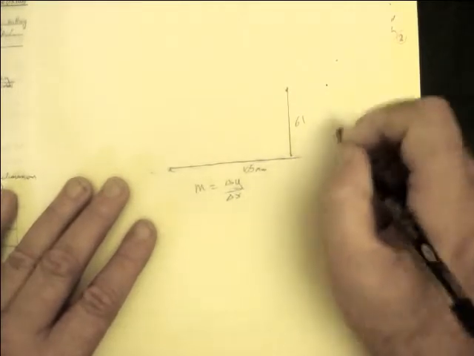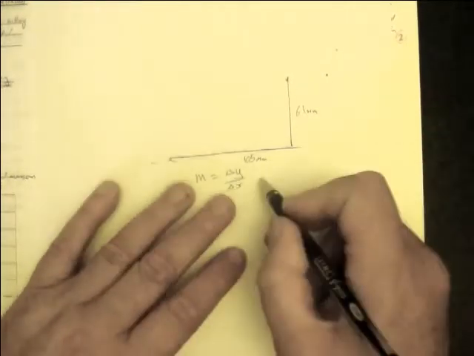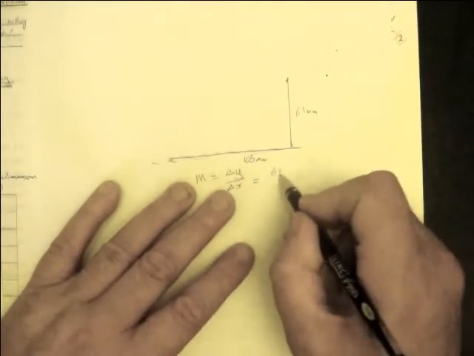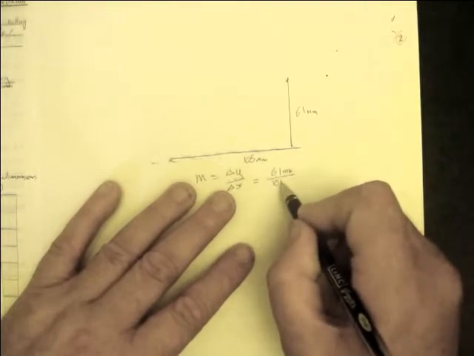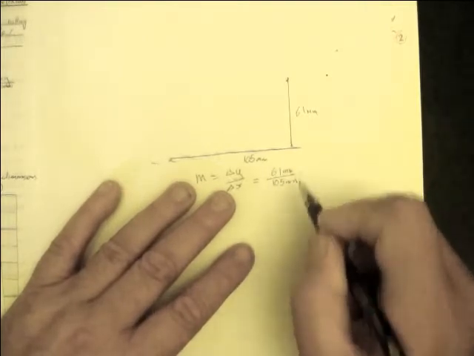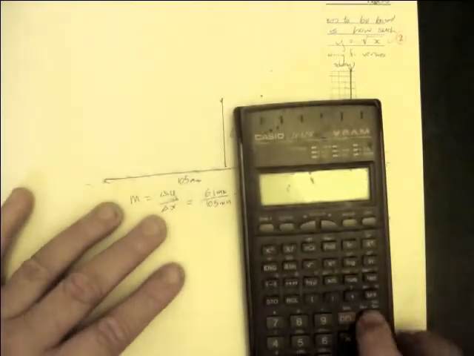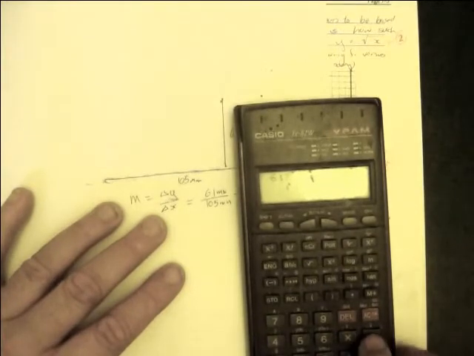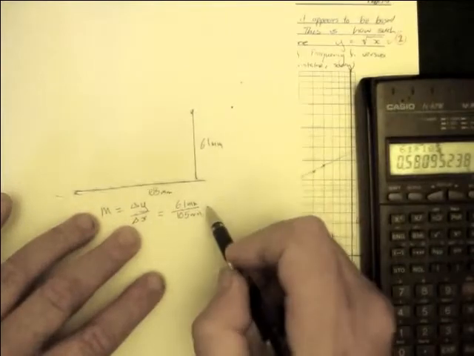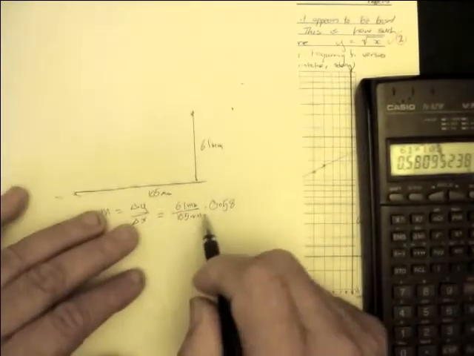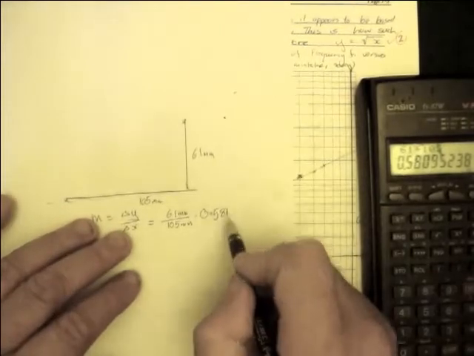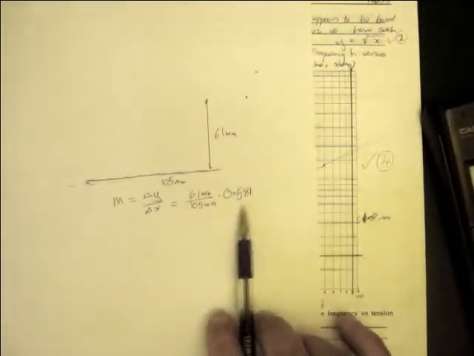I'm just measuring straight off the graph. So I can say the change in height is 61 over 105 millimetres, and this is what they invented calculators for: 61 divided by 105 equals 0.58.